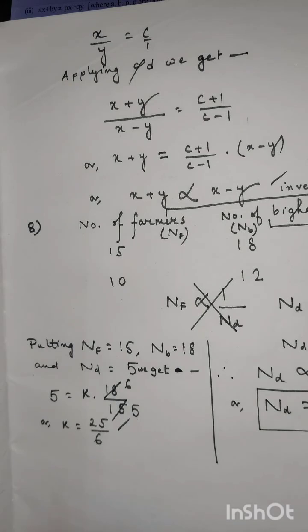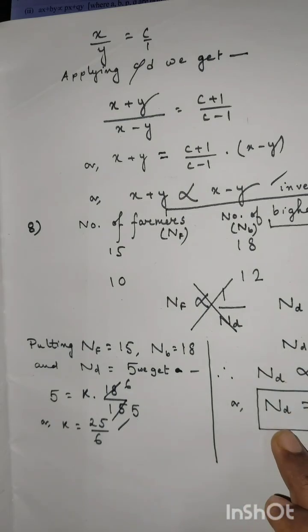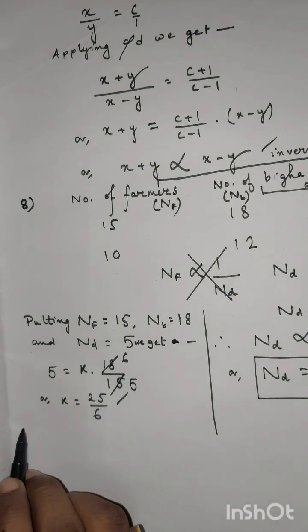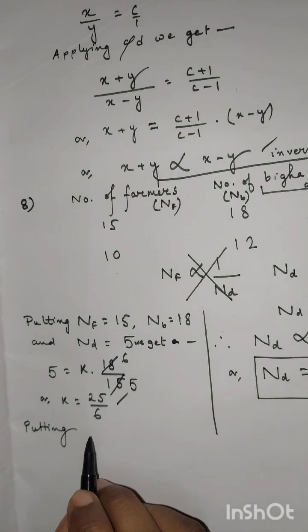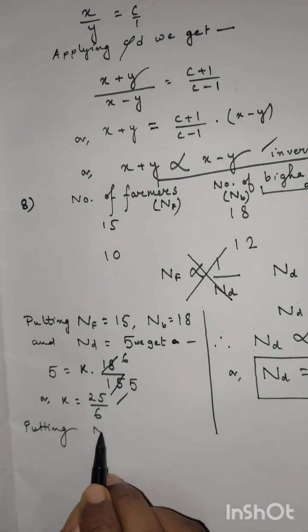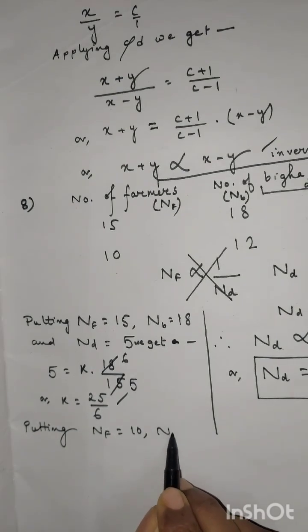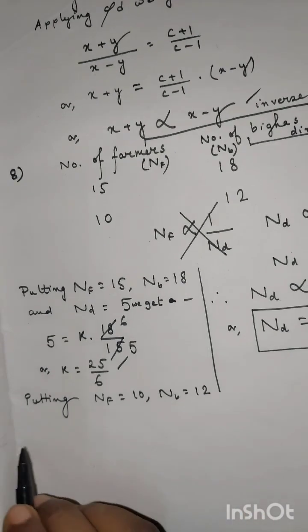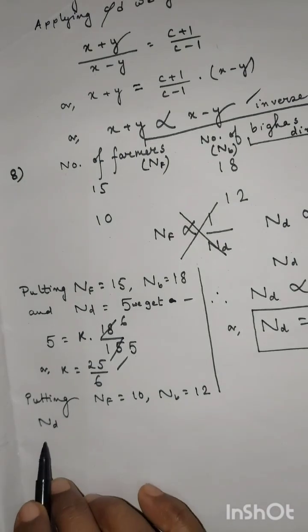Okay, now again putting the second condition in equation 1, putting NF equal to 10, NB equal to 12, and ND we don't know, so we are putting ND in place of ND.